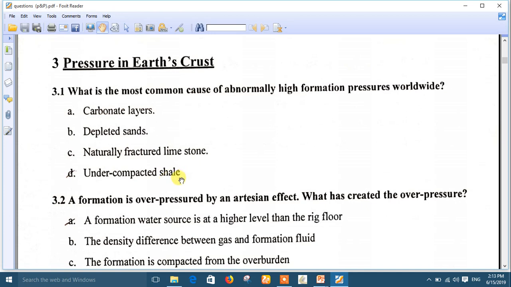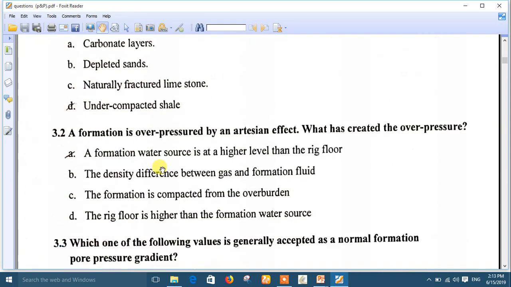So the water inside it is under pressure and there is no squeezing for this water. So it is highly stressed and there is high pressure inside it. So under compacted shale is the right answer.